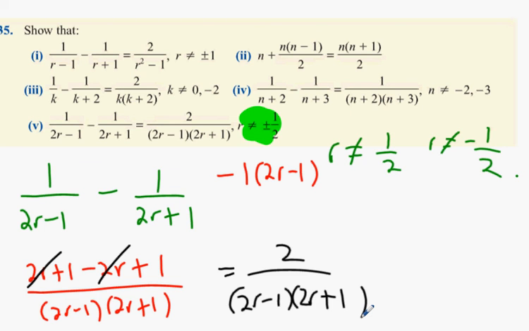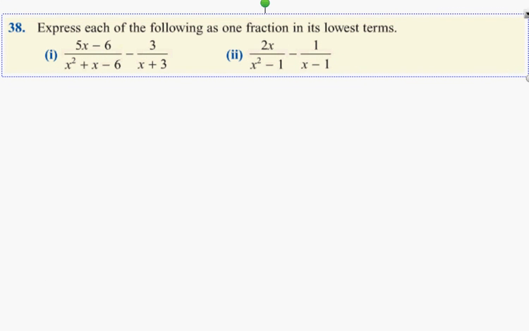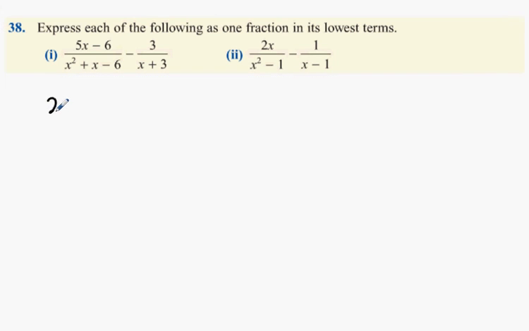Alright. These ones. Now, it's the same thing, isn't it? A fraction take away another fraction. Now, here's a trick for you. 5 over 12 take away 7 over 8.